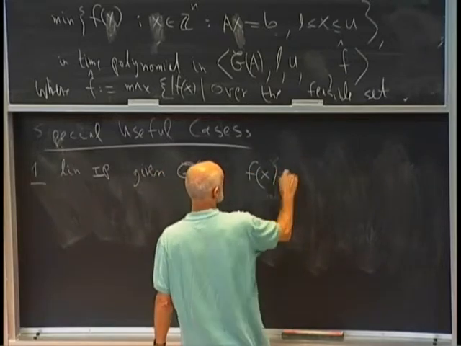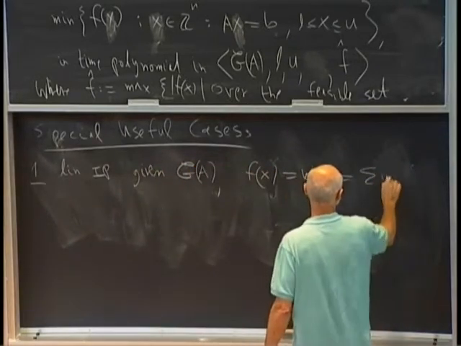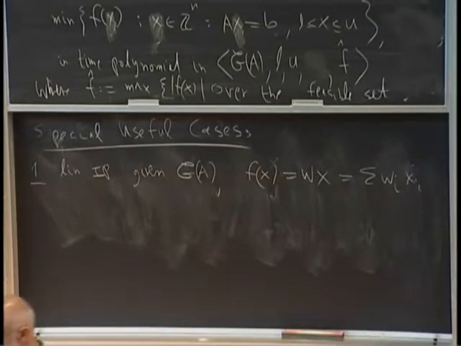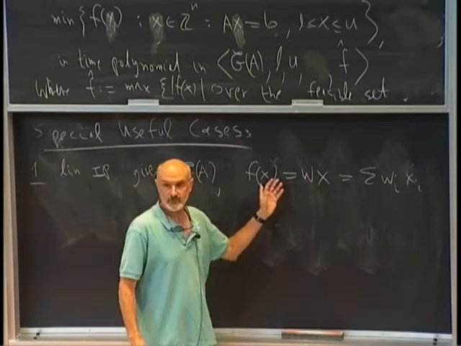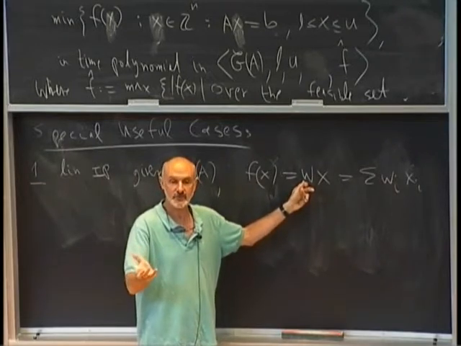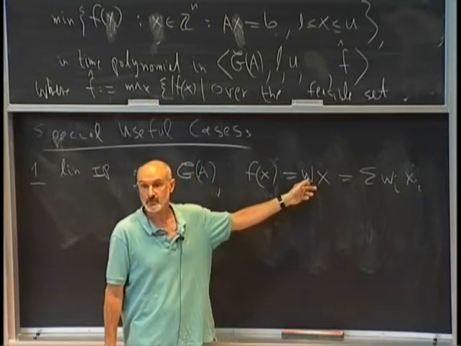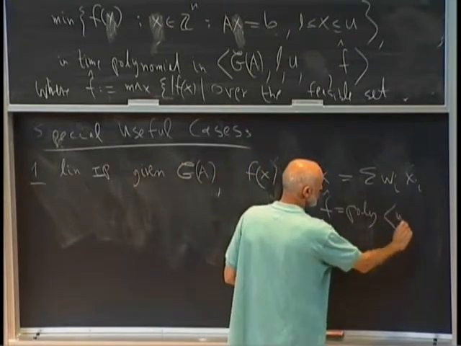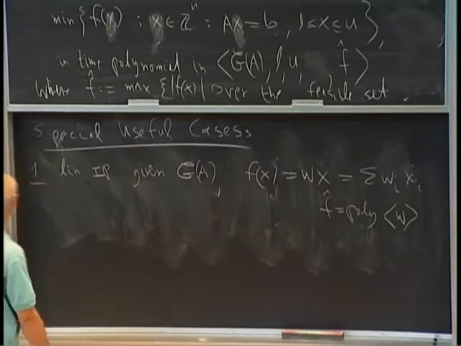So this is f(x) equals wx. This is the standard integer programming problem studied in almost all the literature on integer programming. It can be hard, but very useful. In the first lecture, in the introduction, I showed you many problems that can be written down as integer programming problems. And we can do it in polynomial time. And here we don't even care about this f hat, because simply the binary encoding of the entries of w gives us the f hat in a nice way. So f hat is polynomial in the usual encoding of this vector w. So we are fine here.